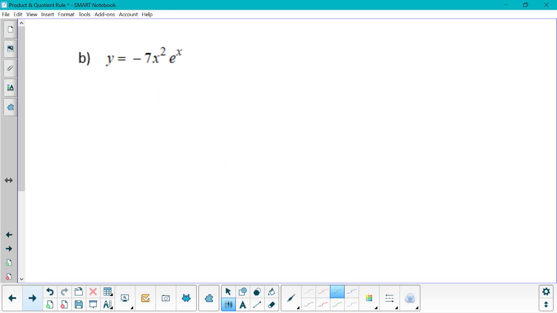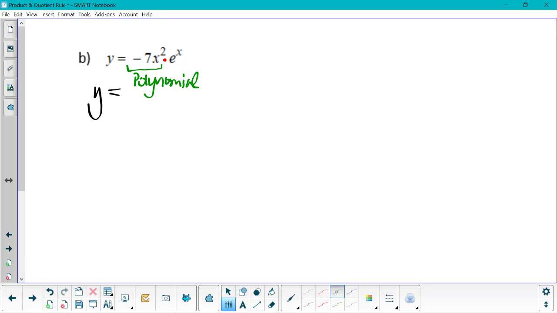All right, now this one I think is tricky because it's hard to see that it's two different functions because I don't have parentheses. They don't typically do give you the parentheses unless there are two terms. So what I like to think of is this is a product of two different functions. So my first function is a polynomial or a monomial, one term.